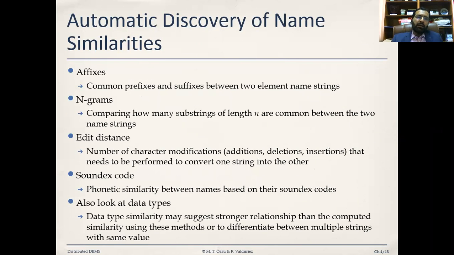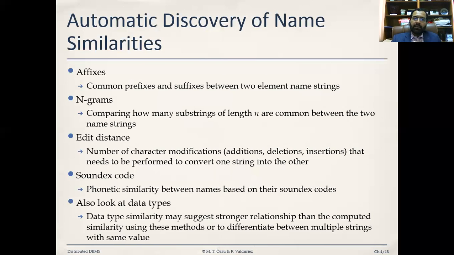Okay, there are other kinds of similarities and commonalities that can be discovered automatically. How can we do it? This is possible by calculating n-grams using an n-gram approach, and affixes. What are affixes?